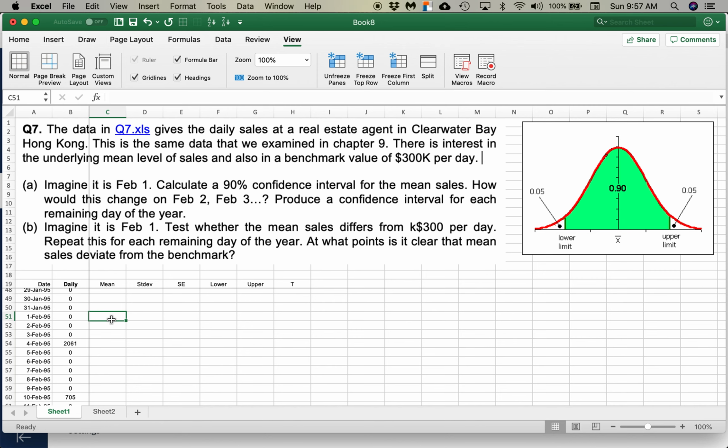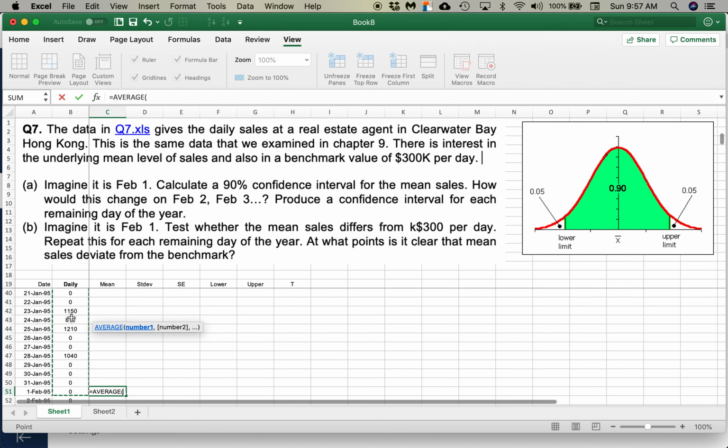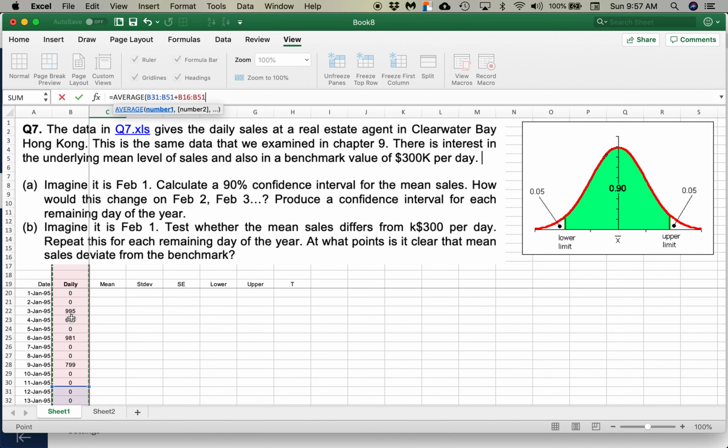All right, so this is kind of obvious. You say equals average of, from here, shift up arrow, and we go all the way up to January 1st. Oops, something went wrong there. Where is January 1st? January 1st is in B20.